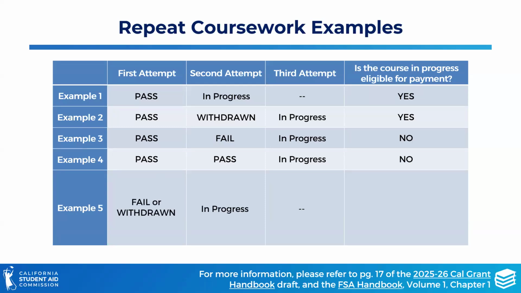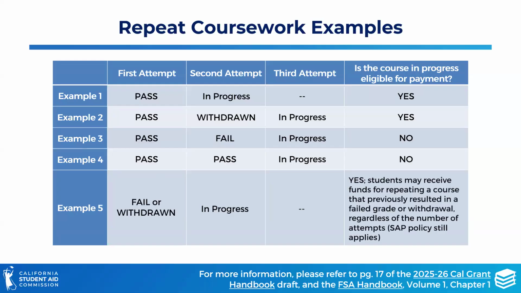And finally, this student attempted the first term in which they either failed or withdrew, and now they're in their second attempt. In this situation, there is kind of an it-depends answer. Yes, the student could receive Cal Grant funds for repeating this course that they had previously failed or withdrew from, regardless of the number of attempts.